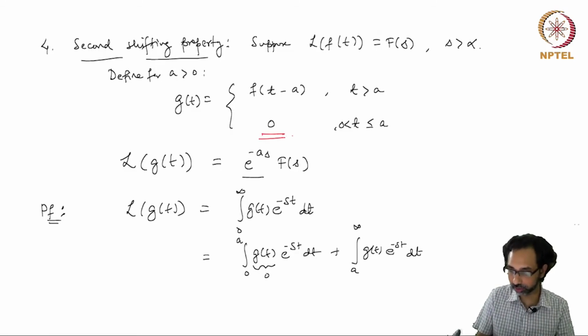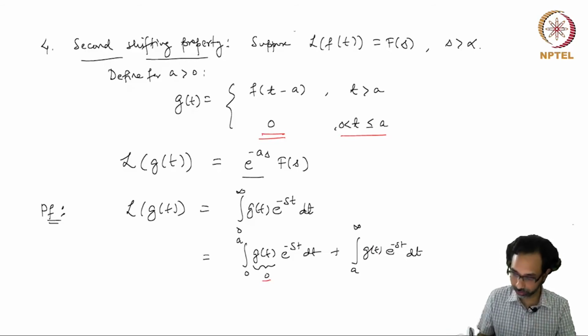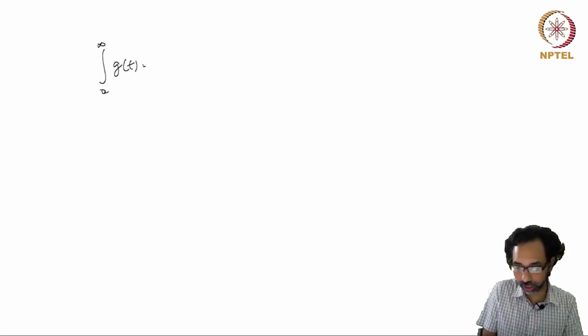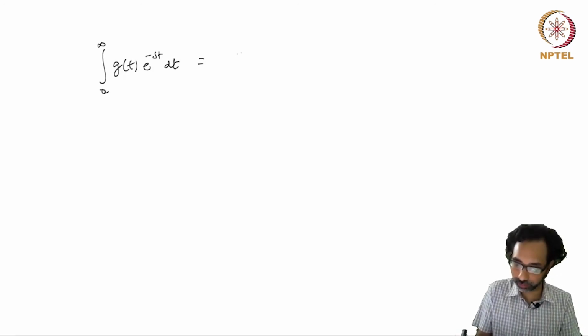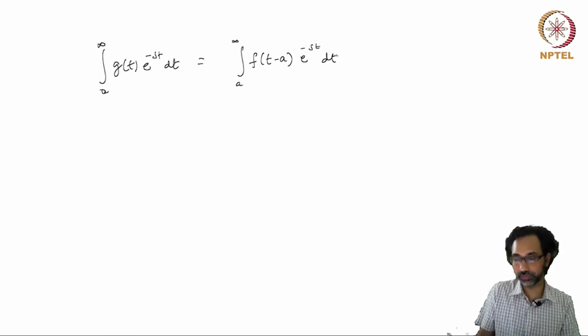This is by definition. For t in between 0 and a, this is simply 0. So we are only left with the second integral, which is the integral from a to infinity of f(t minus a) e^(-st) dt.